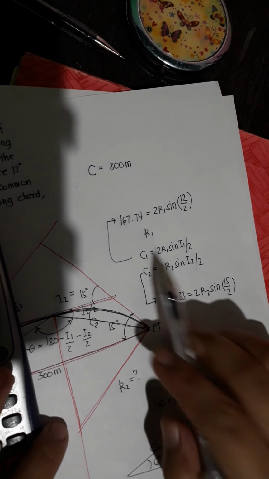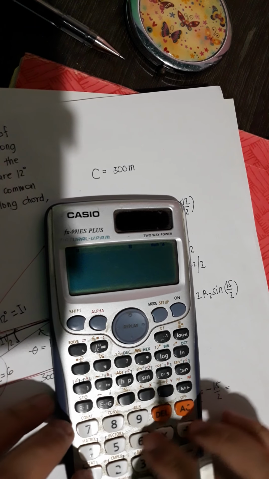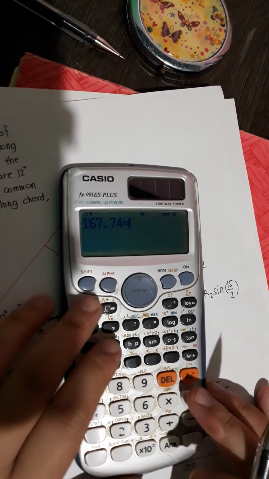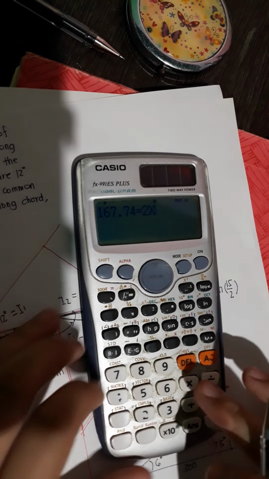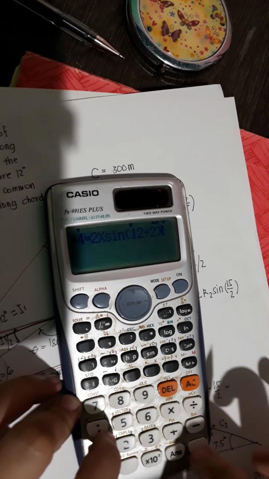Okay. So from this equation, R1 is equal to 167.74 equals 2R1 sine 12 over 2.